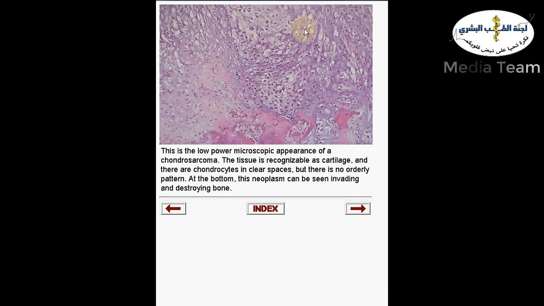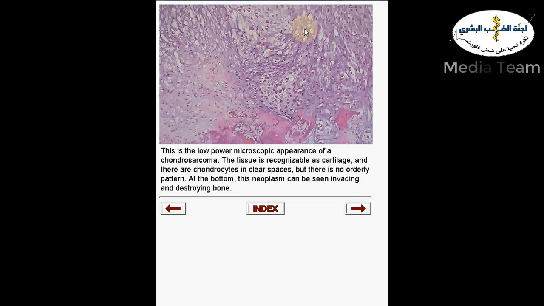Now, under the microscope, the first thing you should look at, as we have said, is the cellularity of the tumor. Now, this is actually a very cellular tumor. If you know the normal histology of cartilaginous tissue, it's very hypocellular tissue most of the time. We have chondrocytes inside the cartilaginous tissue that are evenly spaced and that stay in empty spaces. We call them lacunae. So if you look here, it's very cellular.